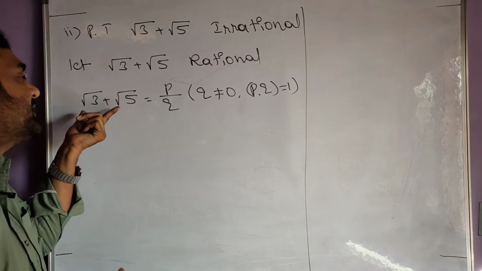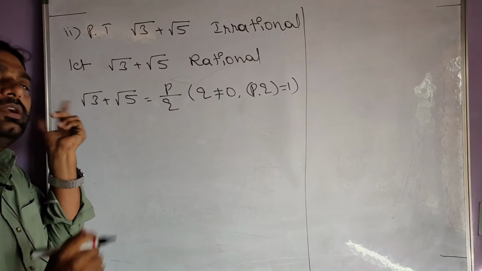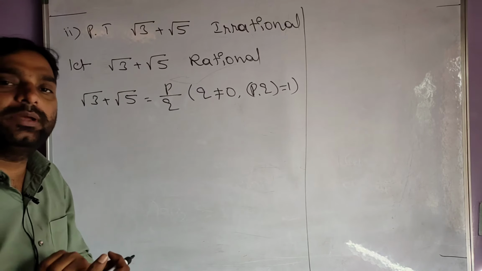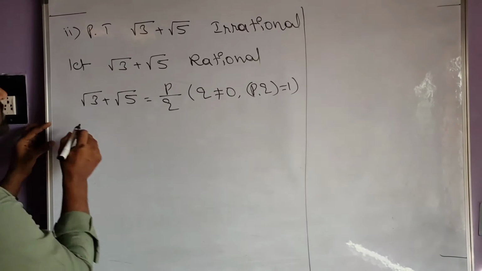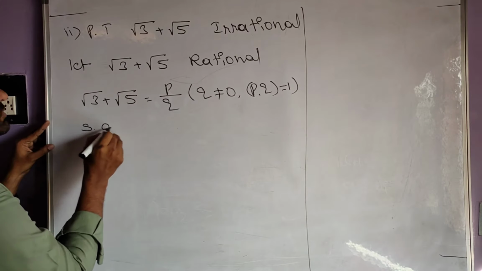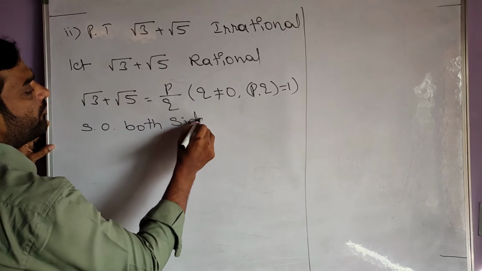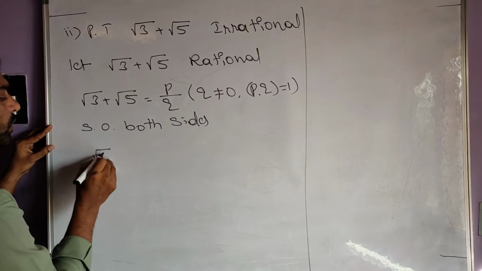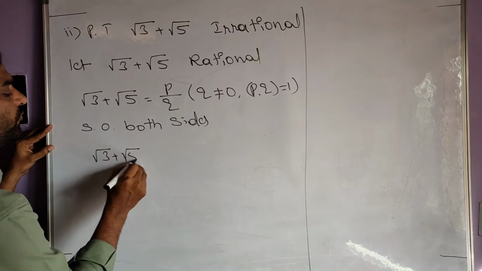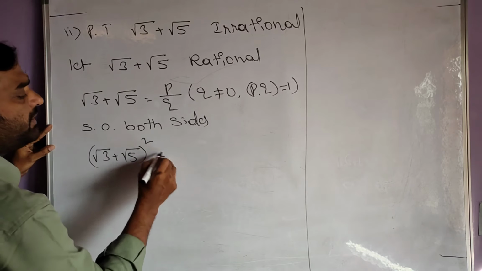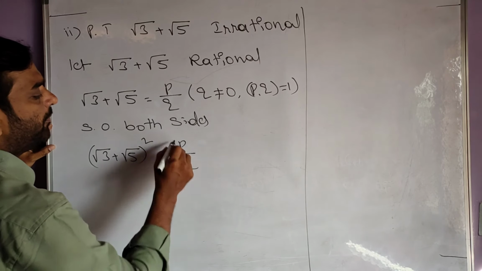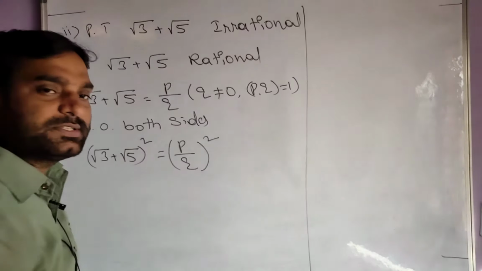Now, in this case we have roots in both numbers. Now squaring on both sides, root 3 plus root 5 whole square is equal to p by q whole square.